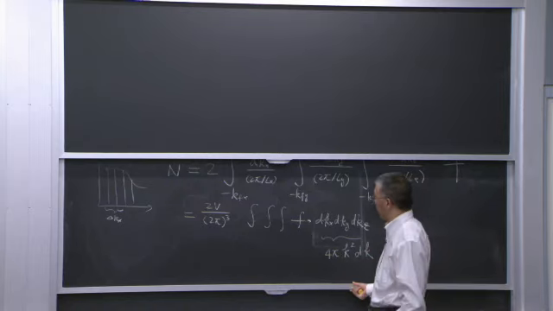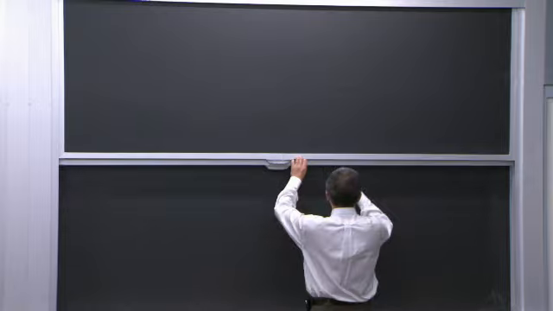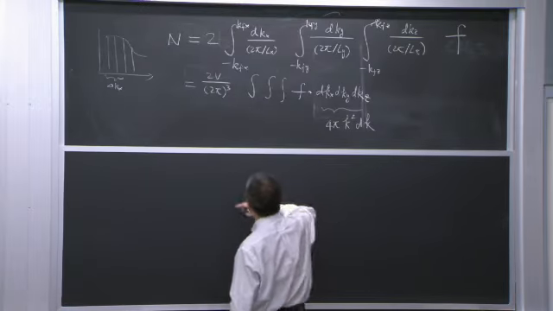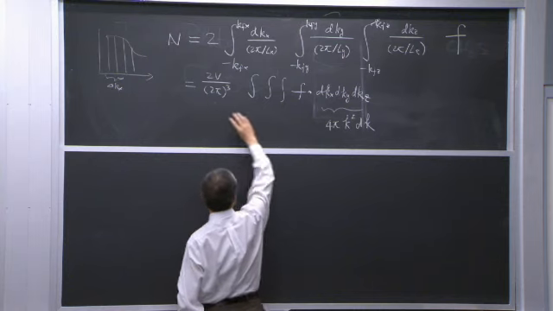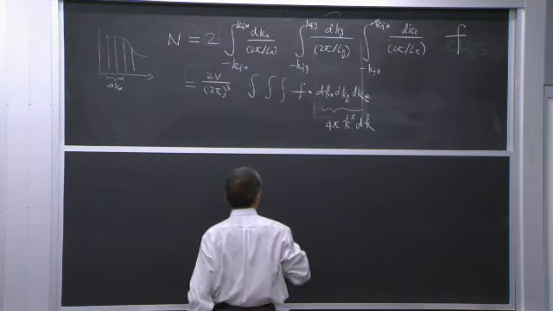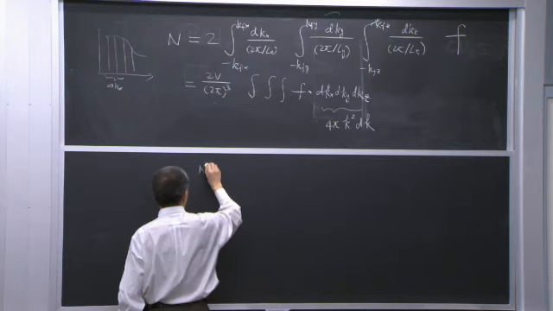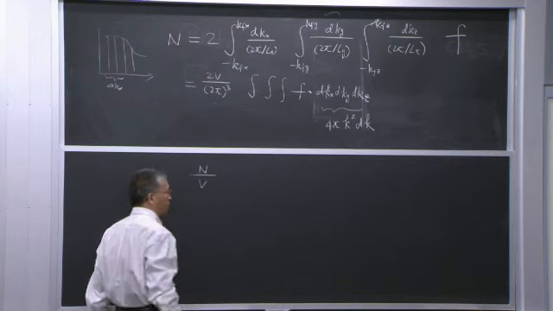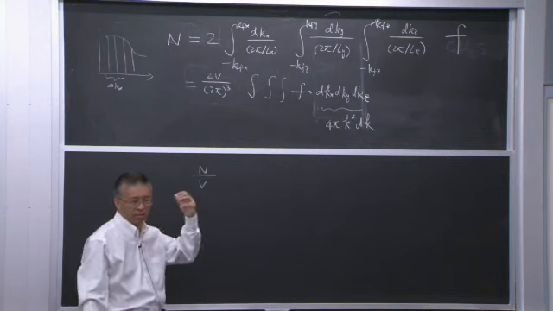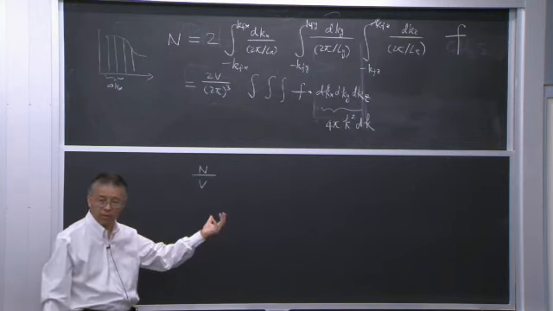And then I can group this together. Now I'm going to group this back into here. I like to write N over V, but many people say so. In that case, this is my density of states per unit volume.